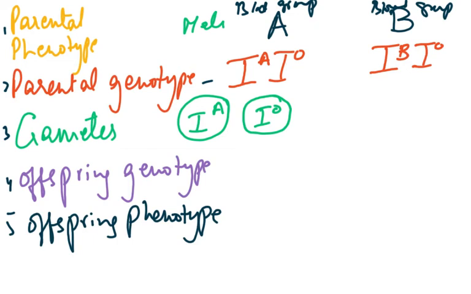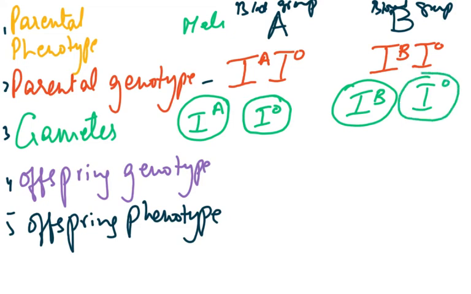Now if this is a female, the ovum would contain either an IB or an IO. Now if you number these 1, 2, 3, 4, then we have to do it in a very methodical manner. We have to do 1 and 3, 1 and 4, 2 and 3, and 2 and 4.